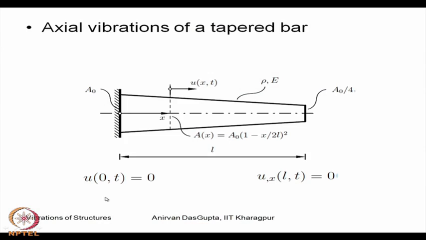Now, let us look at this example of the tapered bar. As you can see, it is fixed at x equal to 0 and it is free at x equal to L. So, the geometric or essential boundary condition is on the left boundary where the bar is fixed.